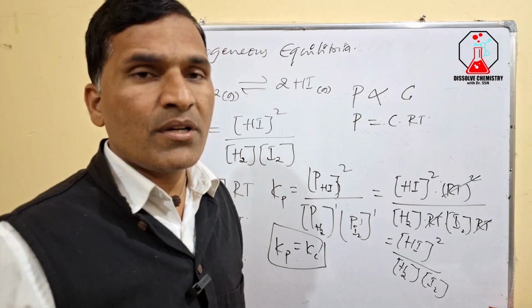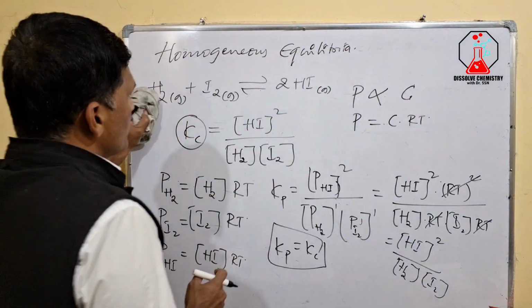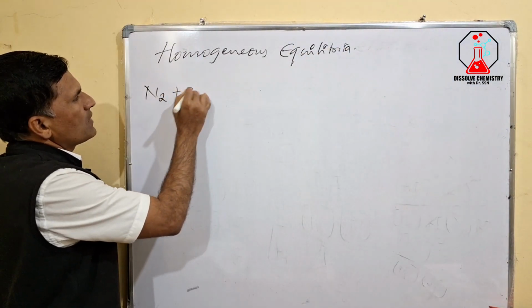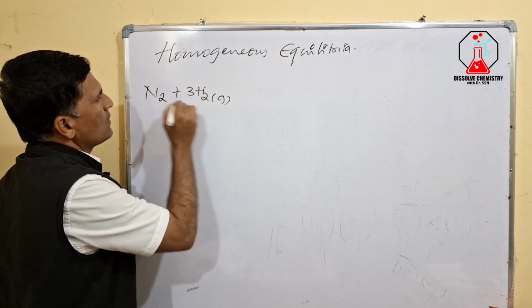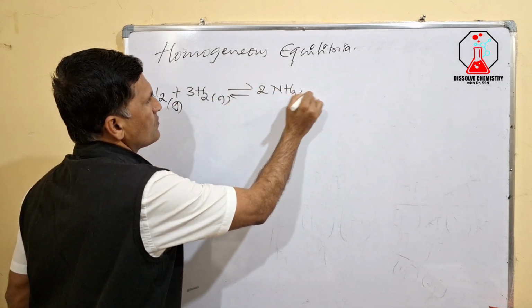So for example, take the formation of ammonia: N2 plus 3H2 gas to give 2NH3.